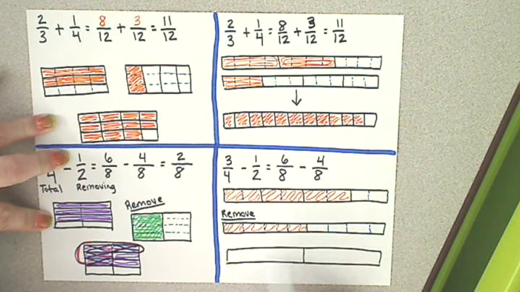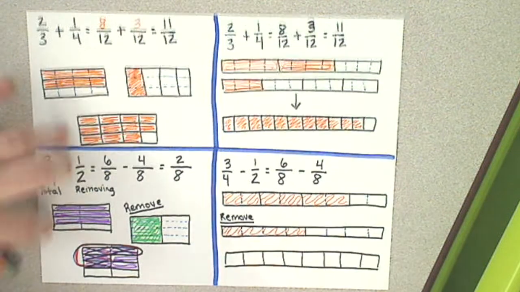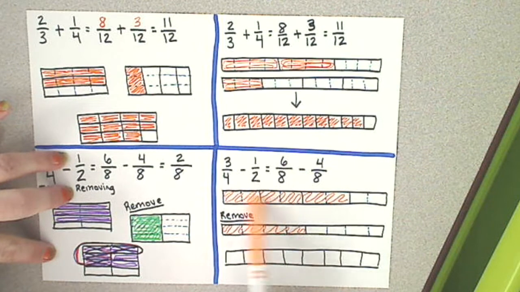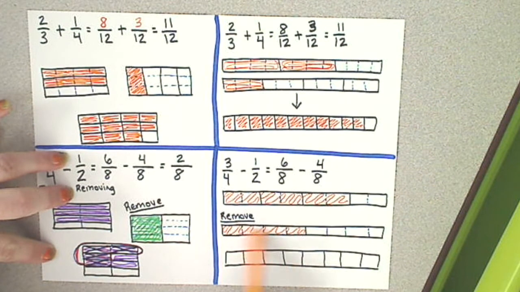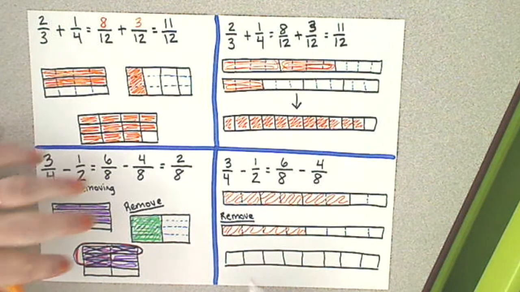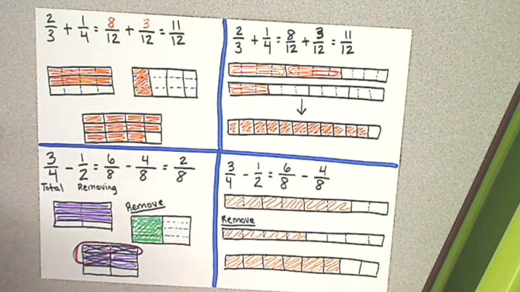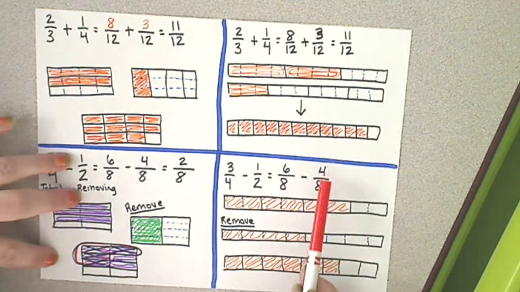So I have half, 4ths, 4ths. Now remember, I need to shade my total right now because I'm subtracting. So I need to make sure that I do not shade this because this is what I'm taking away. So I need to shade 1, 2, 3, 4, 5, 6, and I am taking away 4 of these.